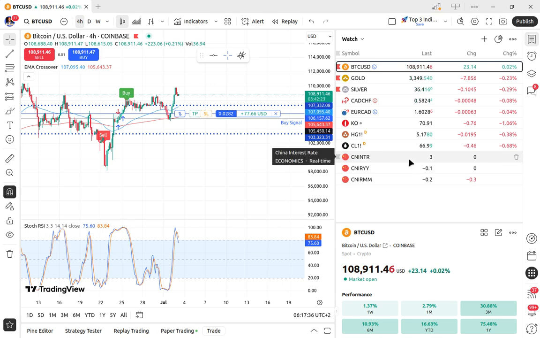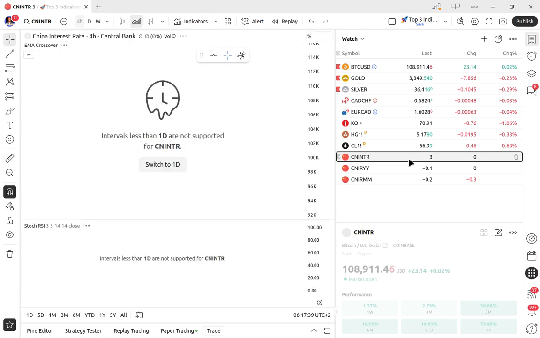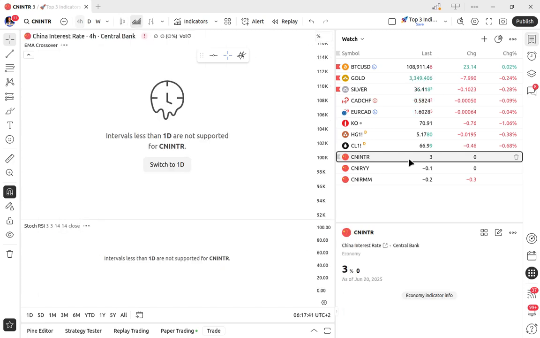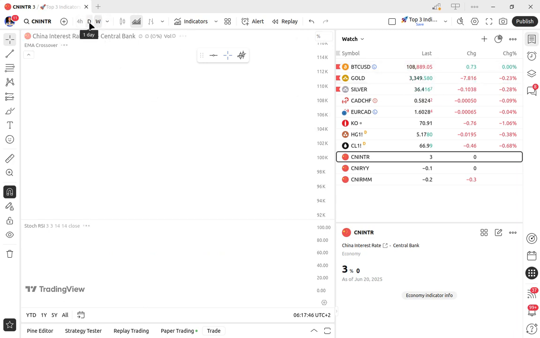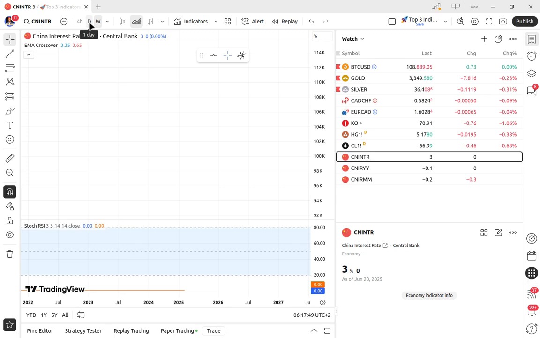The interest rate in China right now is 3%, while the inflation rate is negative 0.1.